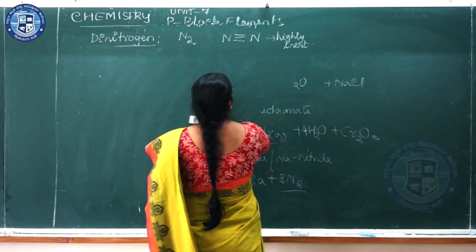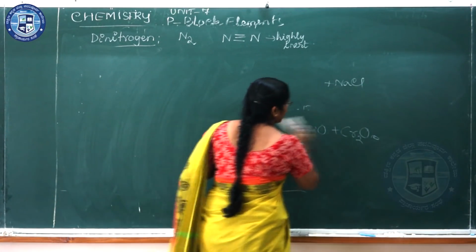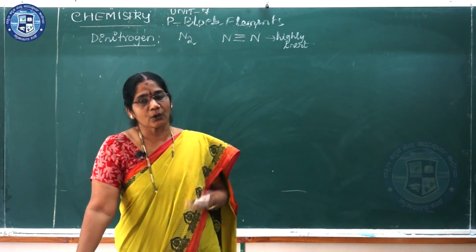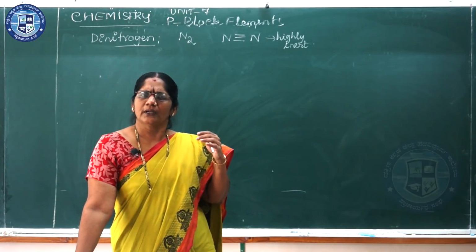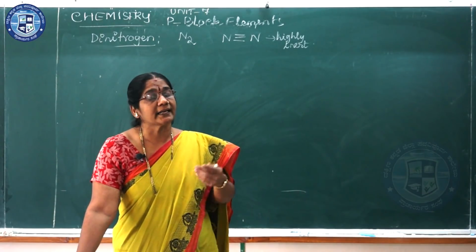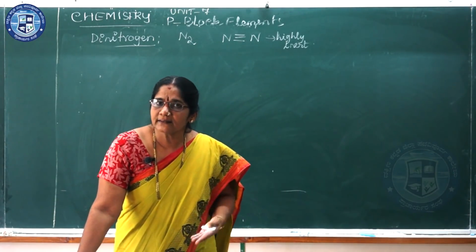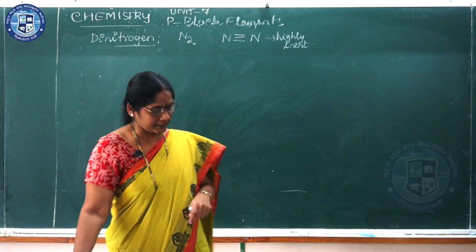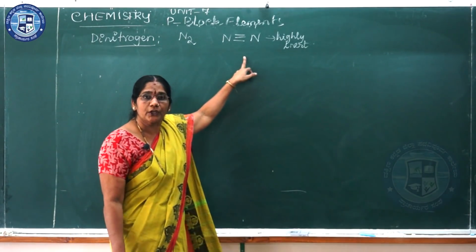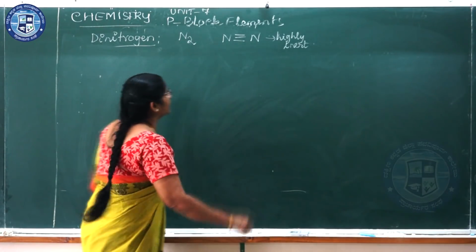Then coming to physical properties, as you all know, it's a colorless gas, odorless, non-toxic. It is soluble in water to a very small extent, 23.2 cm³ per liter of water at 273 Kelvin and 1 bar pressure. It is a diatomic molecule with very high bond enthalpy.